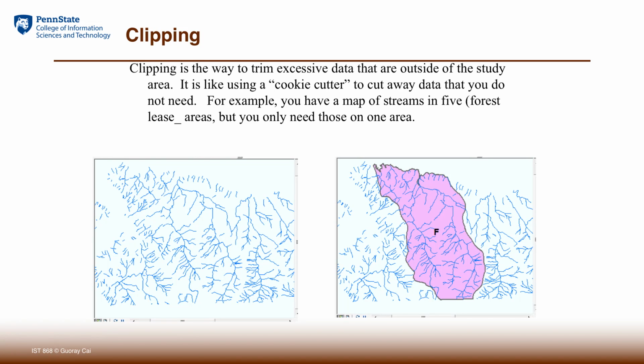The system decides which parts of the features are inside that shape, and those inside are kept in the output. Those outside are thrown away. This is very similar to intersect, but in this case we have a very specific clipping purpose.